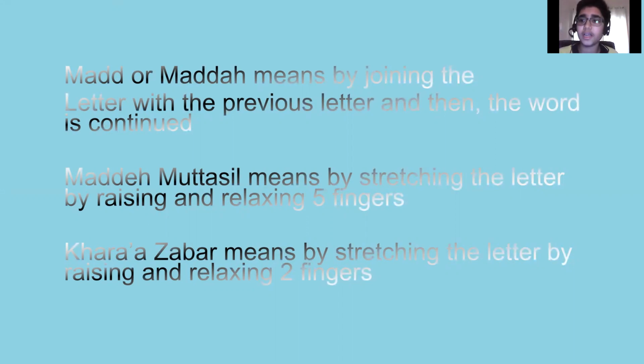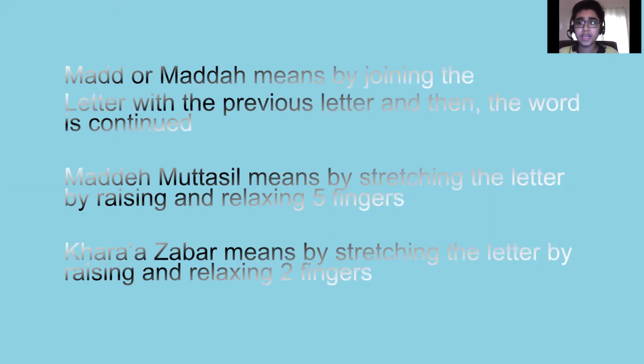For an example, Allah. See, it is joined with the previous letter, Hamza, and then it continued from Lam. Allah. So we'll read it as Hamza, Lam, Zabar, Al.